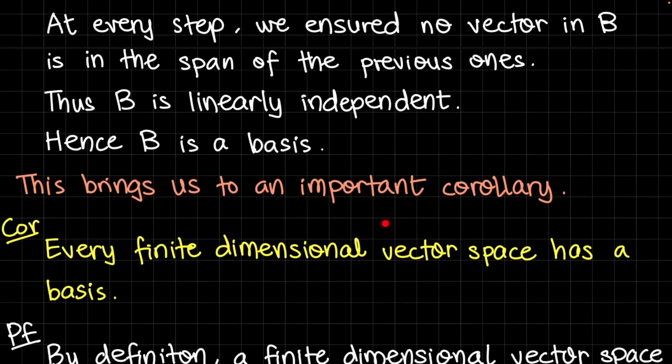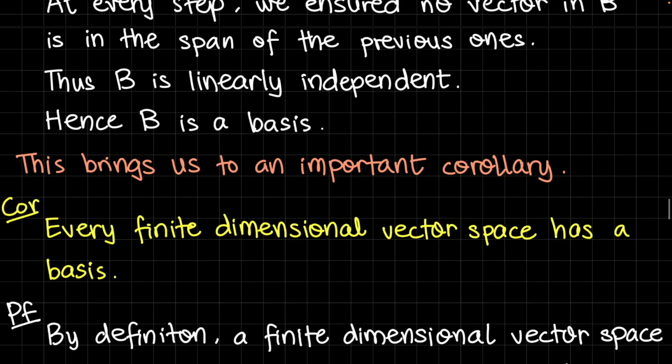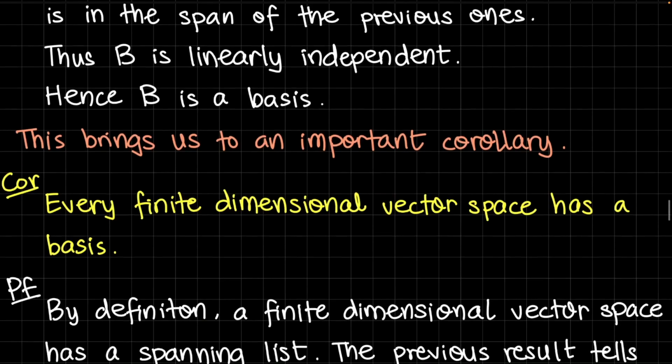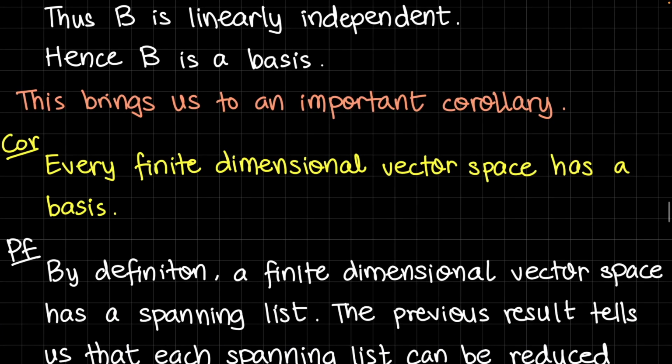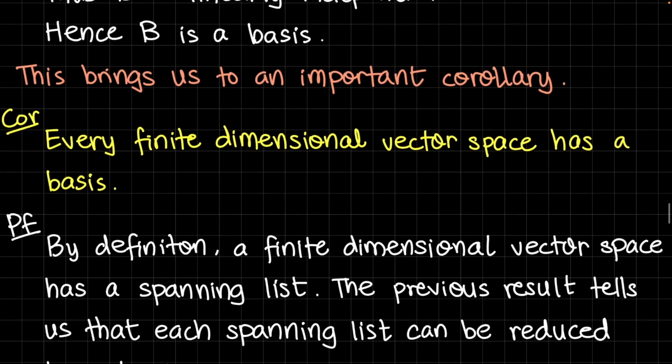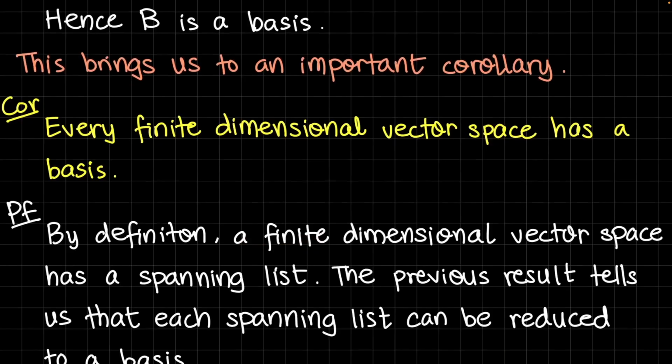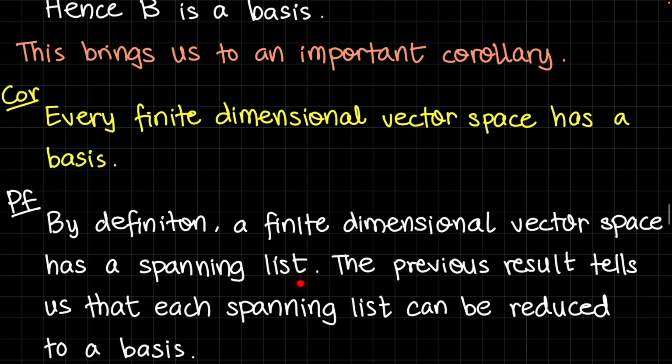Why this is important is because it gives us a very instrumental corollary. So every finite dimensional vector space has a basis. Now, by definition of being a finite dimensional vector space, and we defined this, I think, 2 videos ago, a finite dimensional vector space has a spanning list, and the list has finite elements. So therefore, we have the finite terminologies matching up.